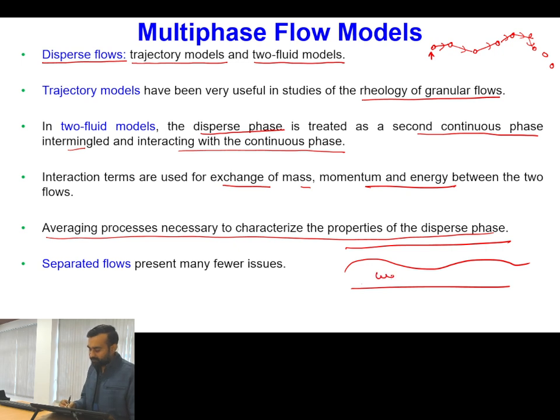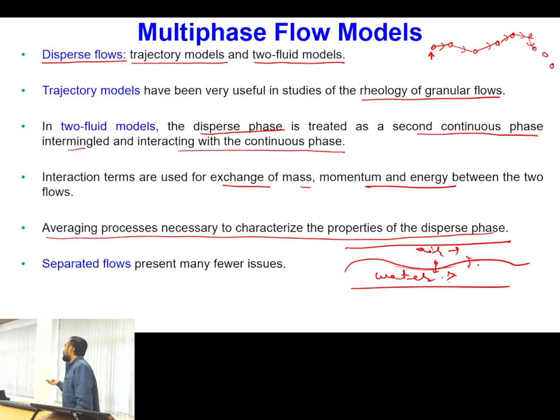For example, say water is here, air is here. So in between air and water, the interface boundary is clear. So what I will be doing, for water I can solve separately, for air I can solve separately, and then I can allow some interaction terms for the interface through appropriate boundary conditions at the interface. Is this point clear?